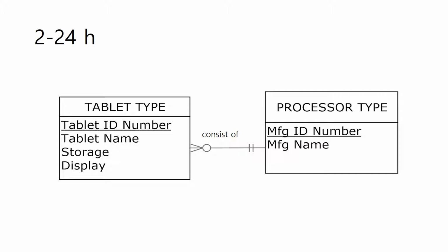So you can see actually in a tablet there must be the brain. It must be the processor. So the processor type must be in lots of tablet types.